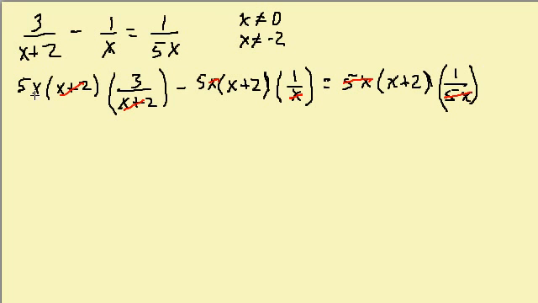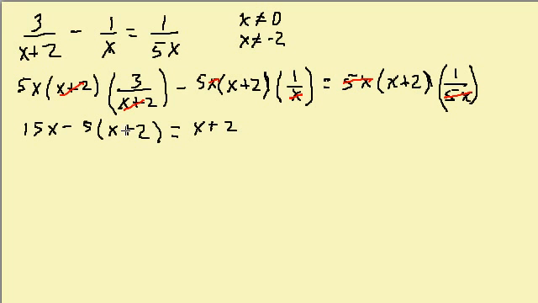Alright, so we're left with 3 times 5x is 15x minus 5 times x plus 2 times 1 is 5 times x plus 2 equals x plus 2 times 1, which is just x plus 2.